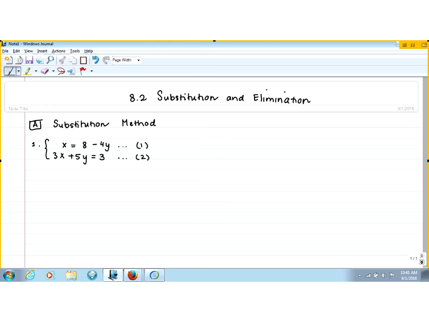Do you see how I label my equations? What did I do to label my equations? I put dot, dot, dot, and then 1, right? So we're going to make it a habit to label our equations if there is more than one. Do you know why I put dot, dot, dot? Why don't I just do this instead? Why not? Yes, what's your name?